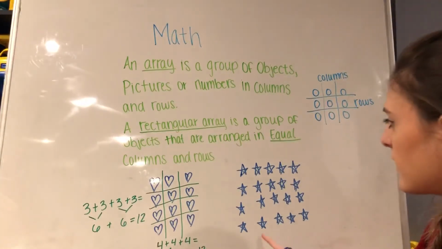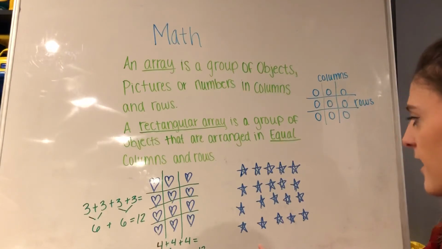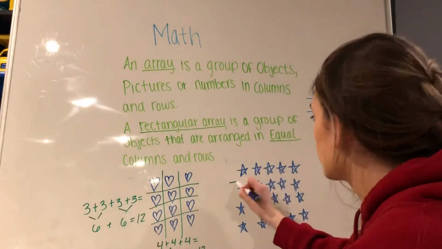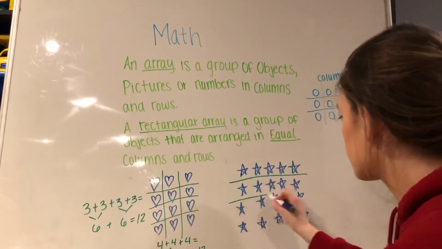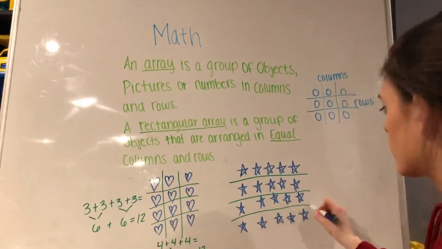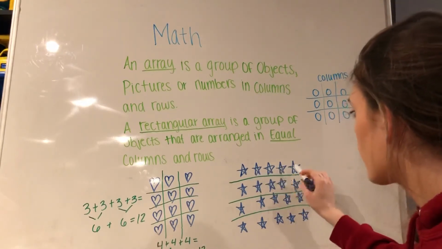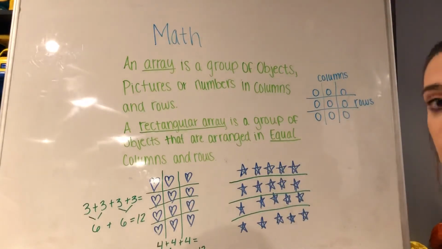And then if we look over here at this rectangular array, let's look at our rows. Our rows are here. And we have 1, 2, 3, 4, 5 stars in each row.